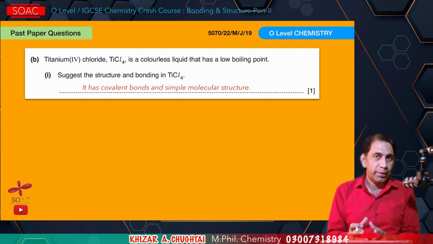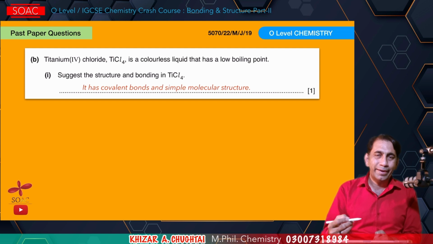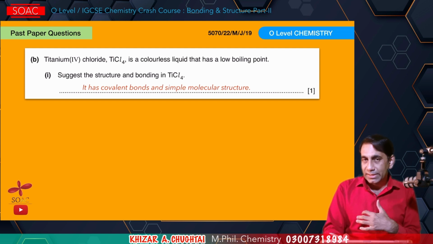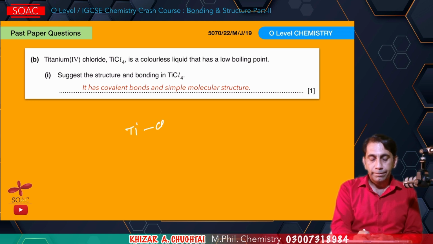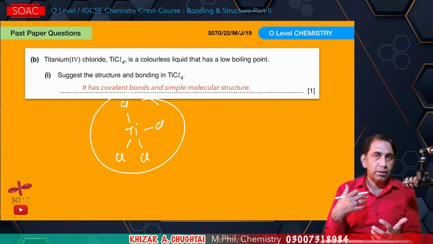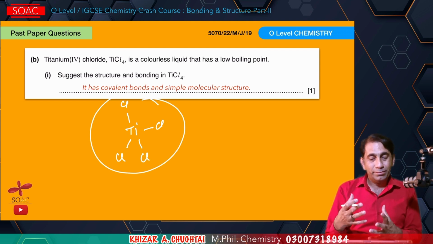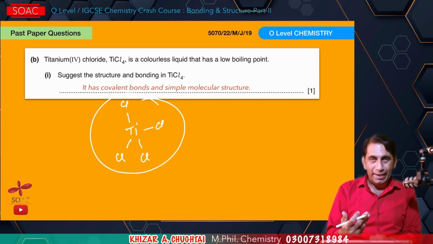This is not an ionic compound. It has a simple covalent structure, it is a covalent molecule with covalent bonds. TiCl4, this is one of the possible proposed structures, a simple molecular structure, and this molecule makes covalent bonds.